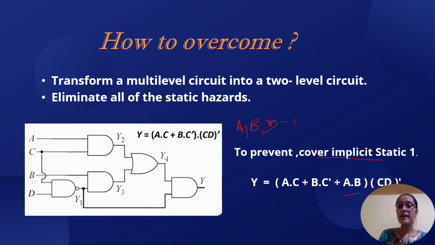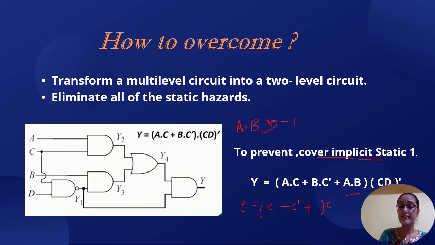So this expression now reduces to C bar, that is A is 1, so C bar, because B is 1, and this A is 1, B is 1, 1 dot 1 is 1, and there C dash.